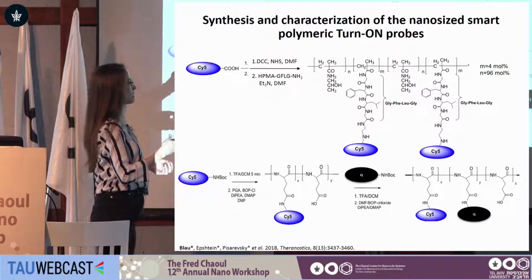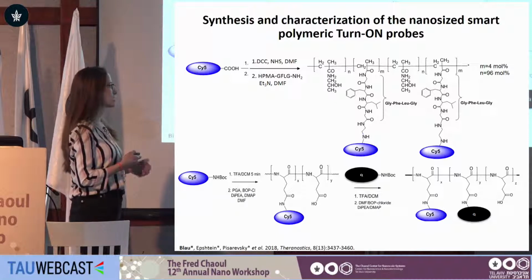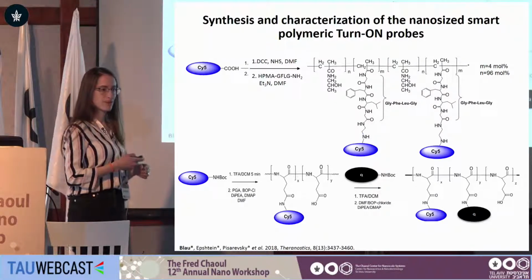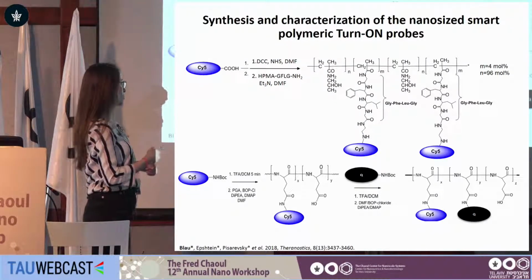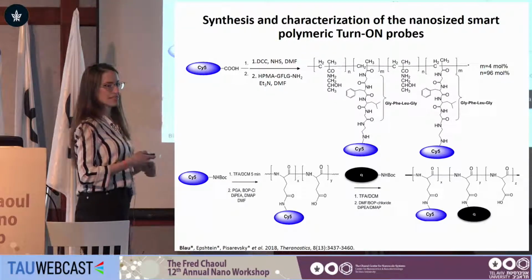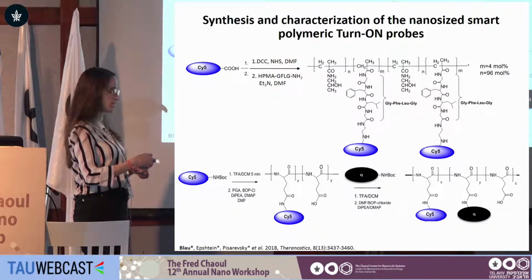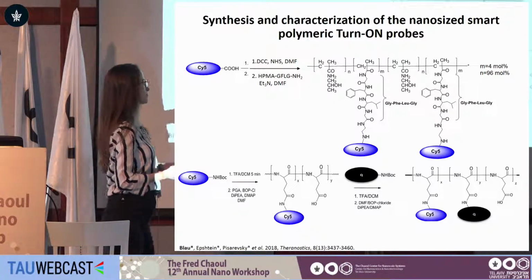The linker-based system is composed of HPMA copolymer, and for the cysteine cathepsin biodegradable polymer, we chose the polyglutamic acid PGA polymeric backbone, covalently linked to Cy5 near-IR molecules or a dark quencher.